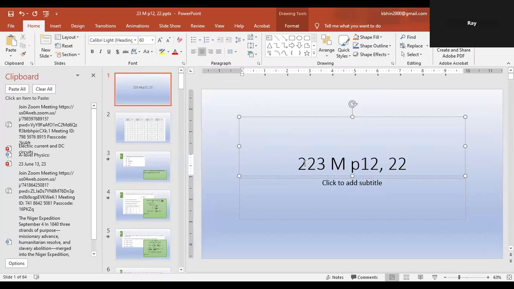This is the February paper, February March paper. Okay, let us go to the electric current and DC circuit.